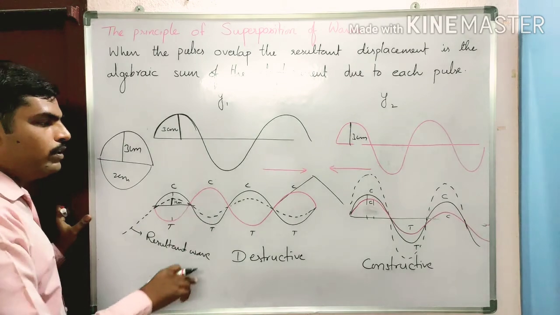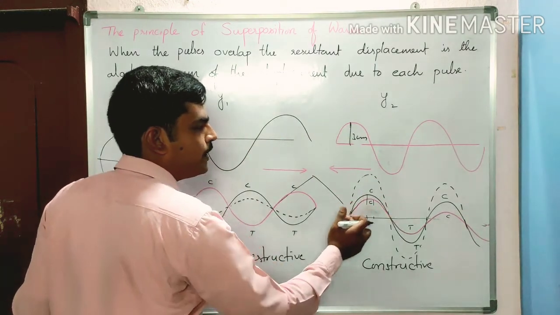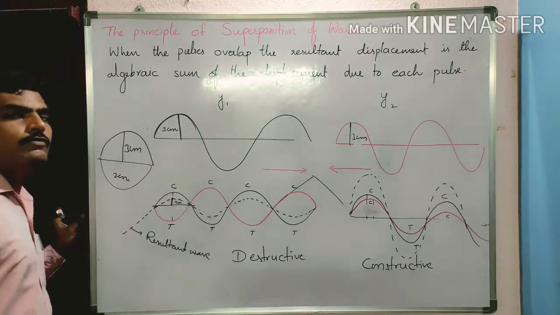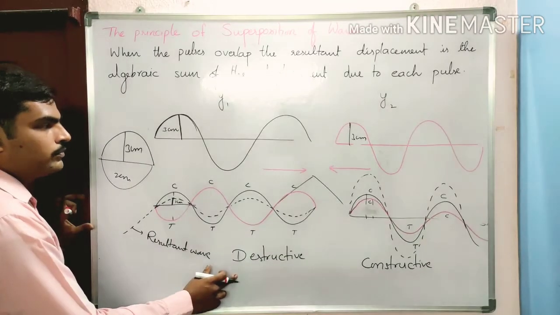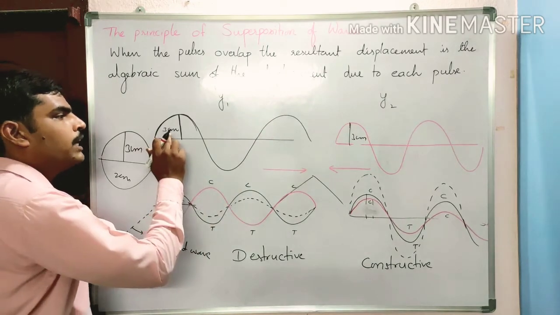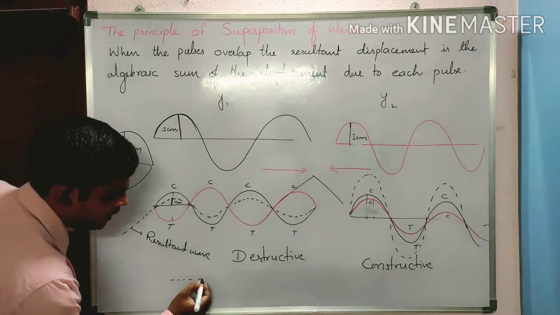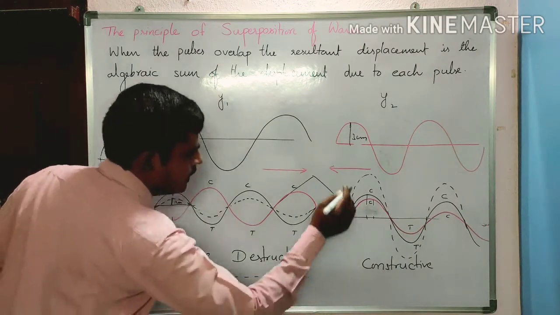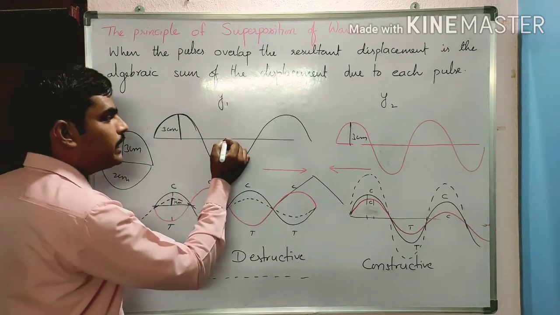Now in constructive interference, what happened? 3 plus 3, 6 centimeters will be the displacement of the pulse. In destructive interference, 3 centimeters minus 3 centimeters, 0 centimeters means there is no displacement.